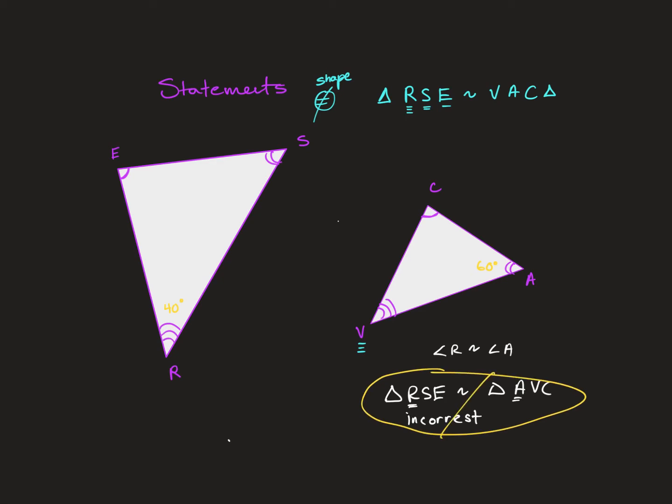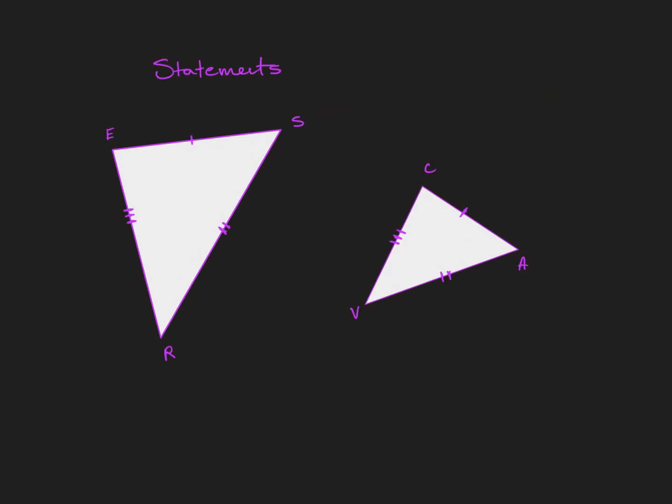Now you could do it with angles, and you could do it with sides. So same thing here. Let's just pick a different combination of letters. Let's go this time E, put R in the middle, this time S, and let's use similarity. Remember, we're not using the congruent symbol here.